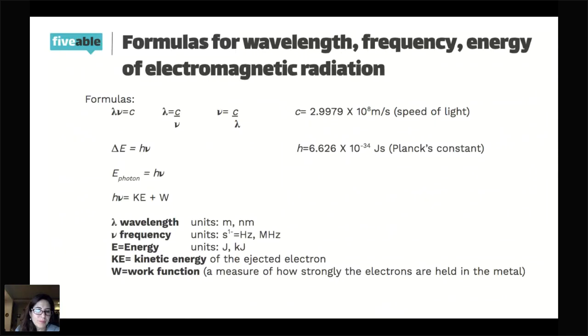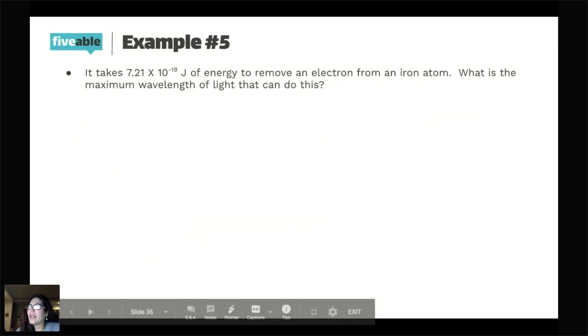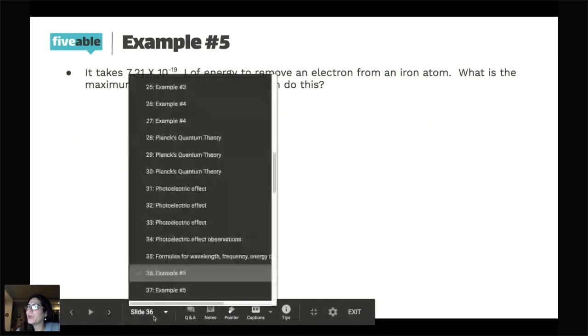Just be careful with the units and make sure you get the proper ratios. Don't forget, if a mole is in the problem, remember the ratio of 6.022 times 10 to the power of 23. And that's it. You'll be fine.